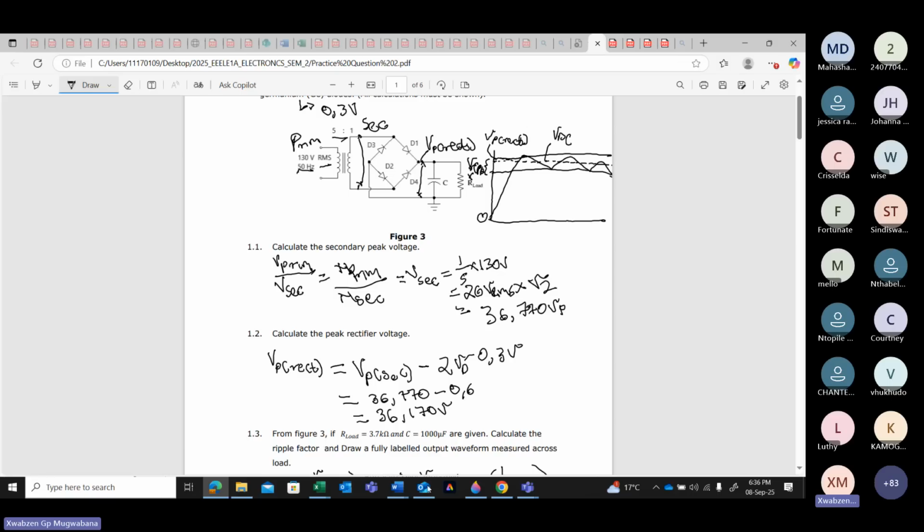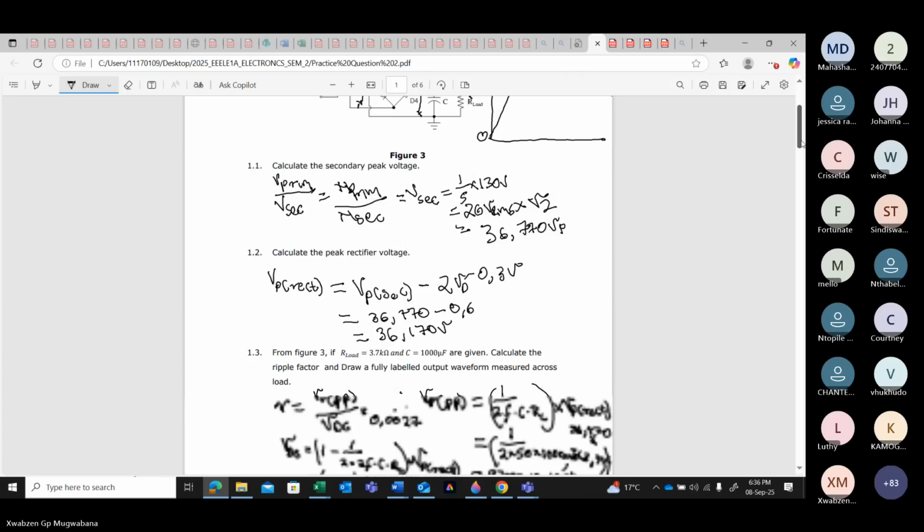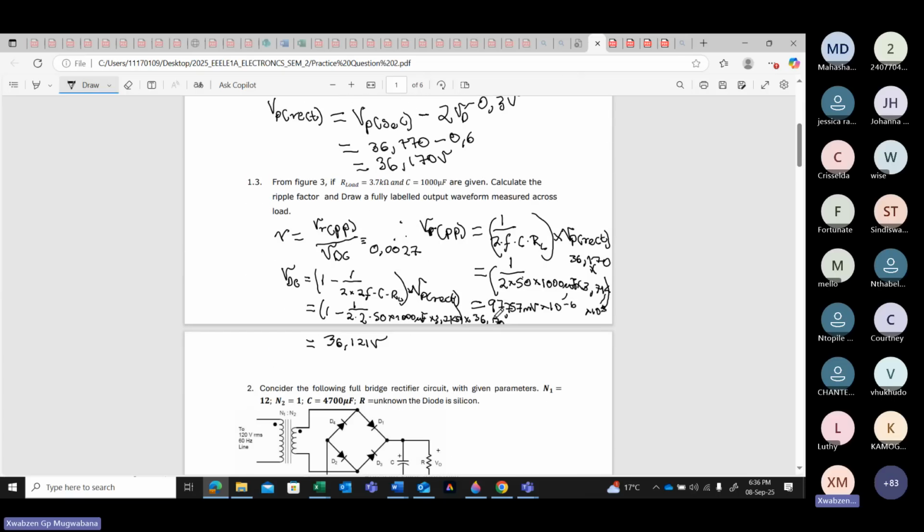Then my VDC, I've calculated my VDC, which means when I look at what you have done here, I go back and check, oh, V peak rectifier has been calculated, so it is indicated there. This ripple voltage is when I see this value here, which is 97,757 millivolts.